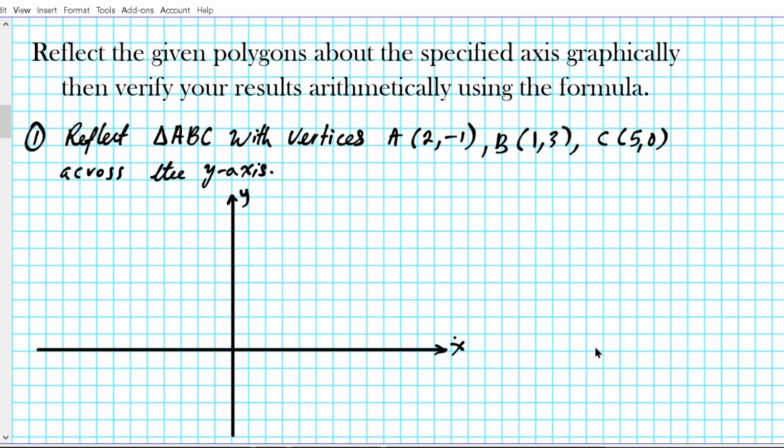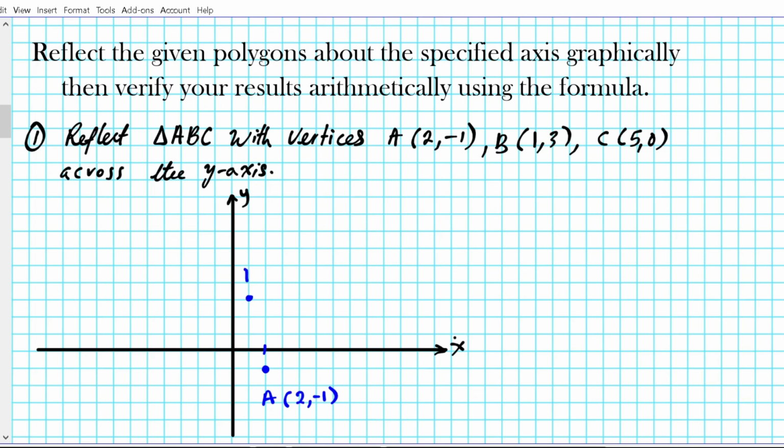So let's graph the points. Let's graph the pre-image in blue. Point A is (2, -1): 1, 2, -1, down right here. So that's point A. Point B is (1, 3), so 1, and then we're going to go up 3: 1, 2, 3.